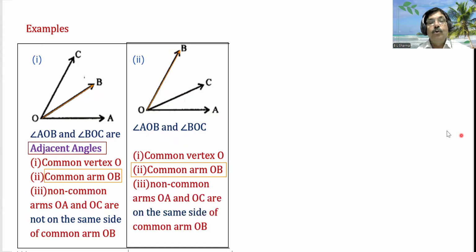But non-common arms OA and OC are on the same side of the common arm OB. That is why we can say that the two angles are not adjacent angles. The non-common arms should not be on the same side. It should lie on the different side of the common arm.